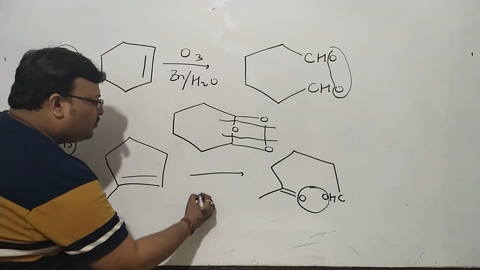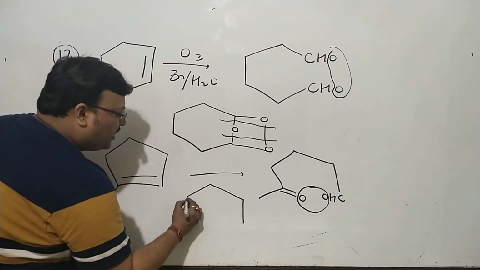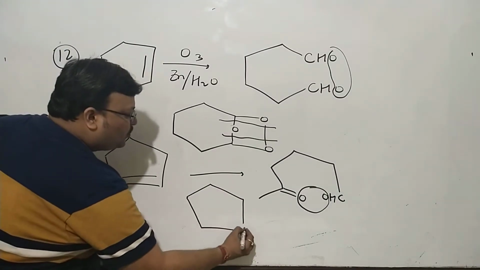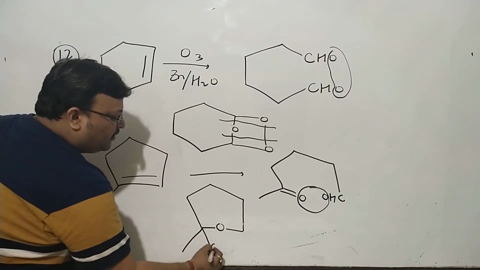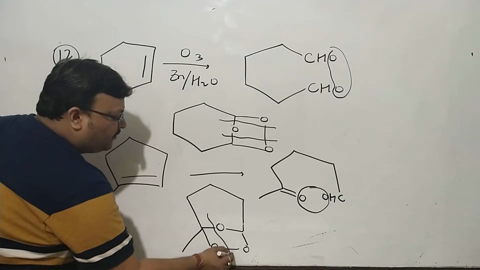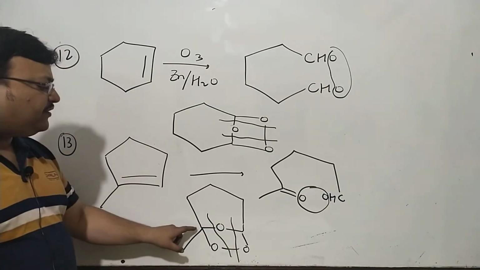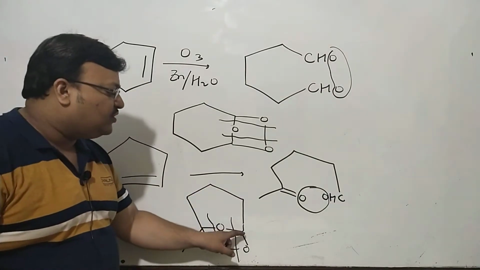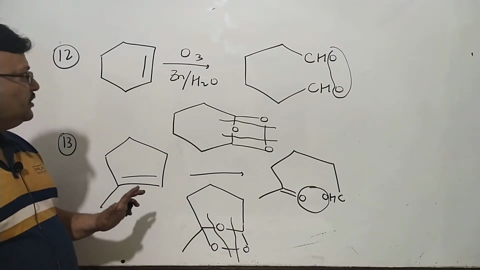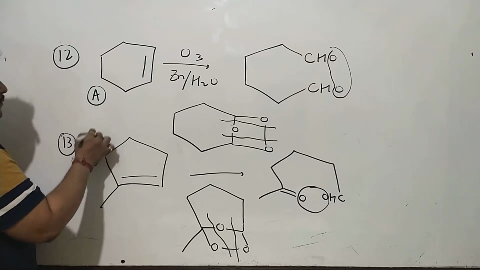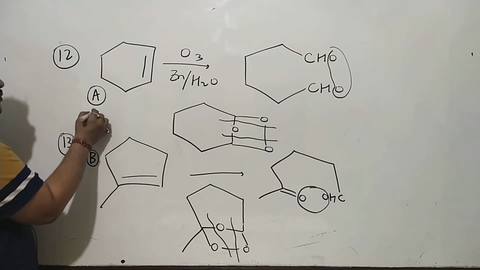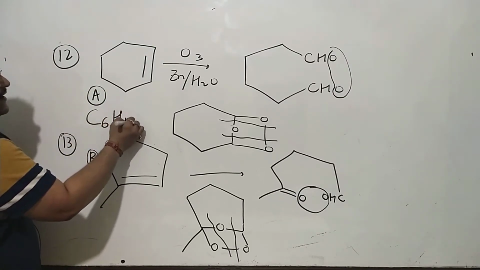And if you still want to keep on drawing the ozonide, simple, you will want to place an oxygen here, a couple of oxygen atoms here, break it from left and right: CH3, C double bond O, CH2, CH2, CH2, CH2. So say both compounds A and B have the same formula, both are C6H10.